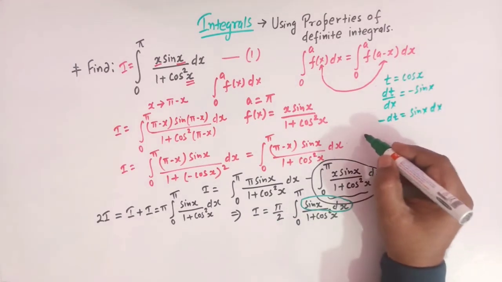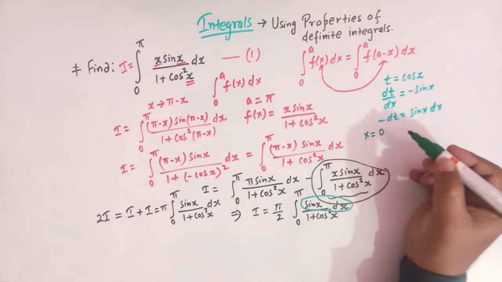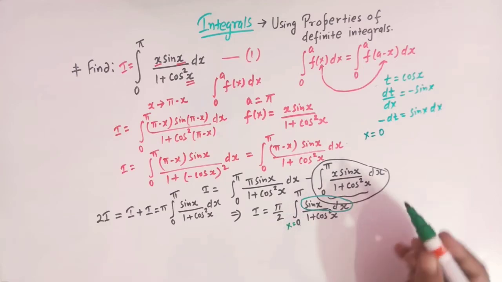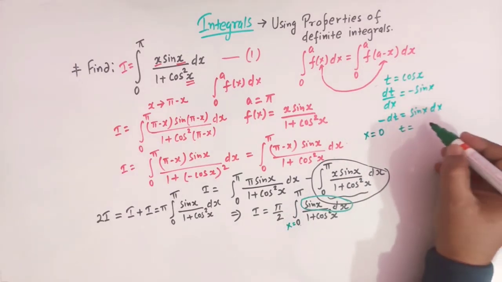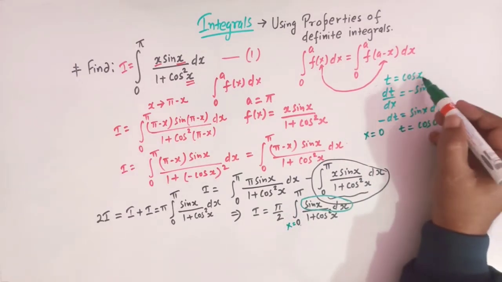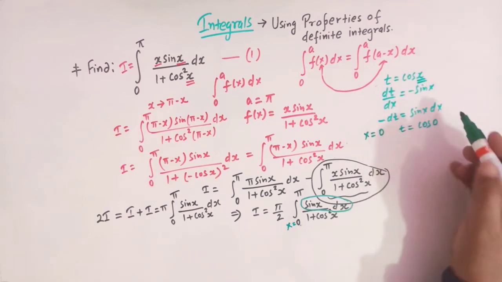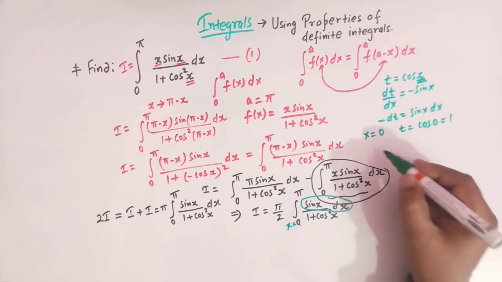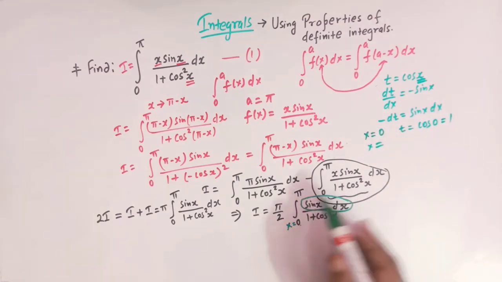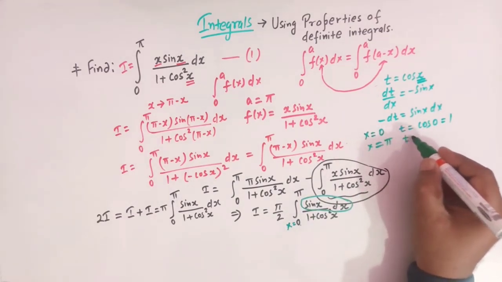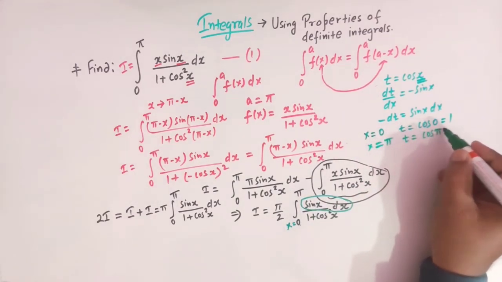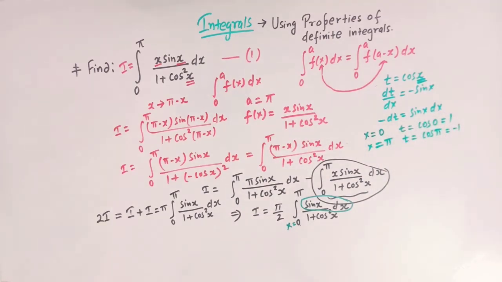So here when x is equal to 0, t is equal to cos of 0, which is 1, and when x is pi, we have t is equal to cos of pi, that is minus 1, right?